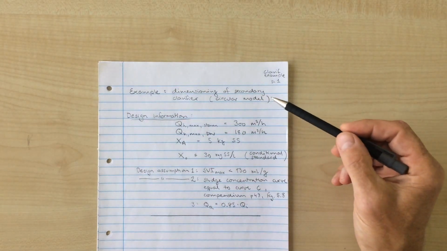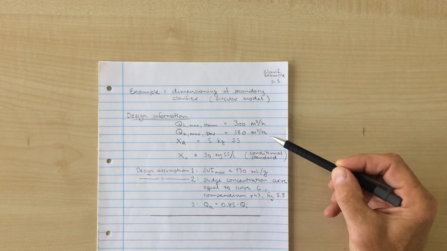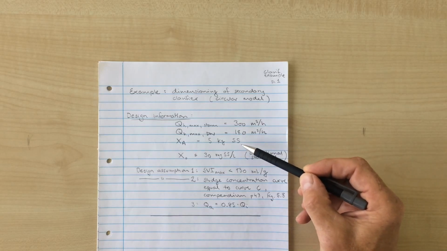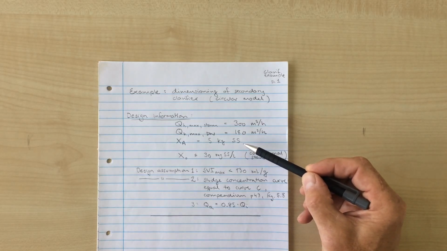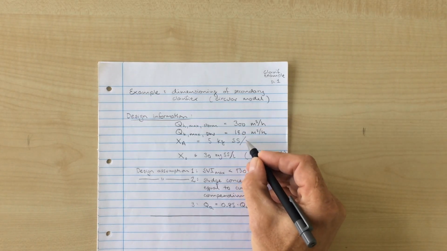It will have a maximum peak hydraulic load of 300 cubic meters per hour. There will be a maximum dry weather load of about 180 cubic meters per hour. We assume we have an aeration tank that has up to 5 kilograms of suspended solids per cubic meter.